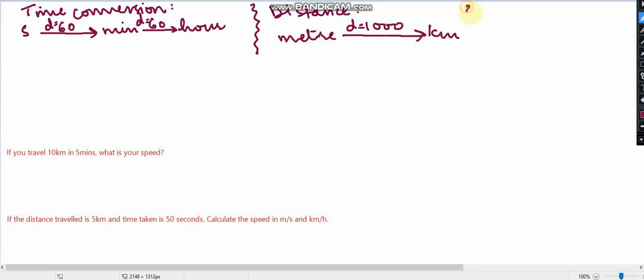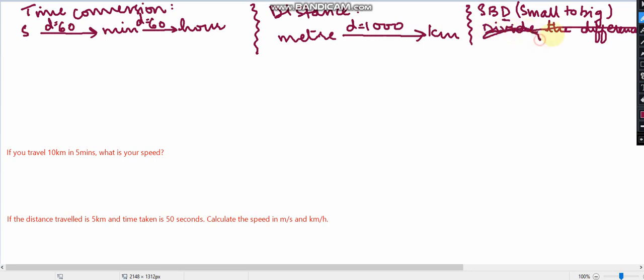Now there's this rule of conversion which says SBD, which is when you are going from a smaller unit to a bigger unit, you always divide, this D represents divide. And what are you dividing? Divide the difference.